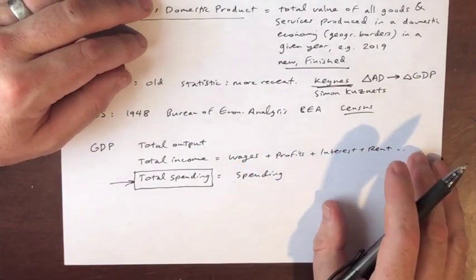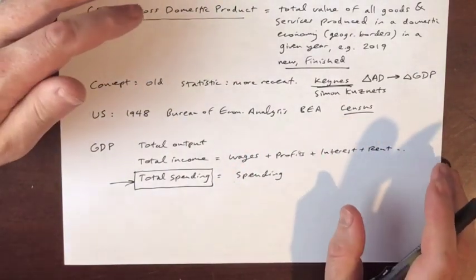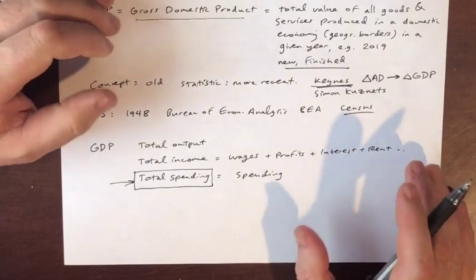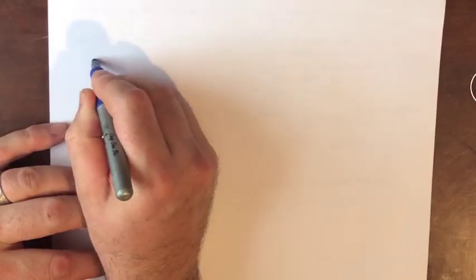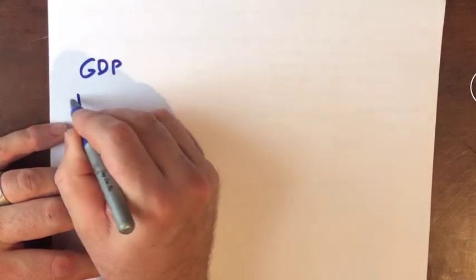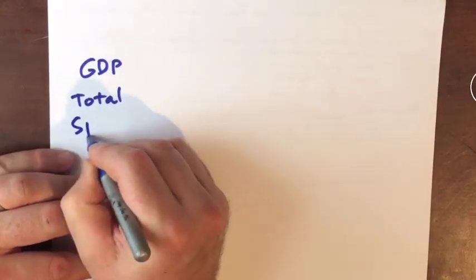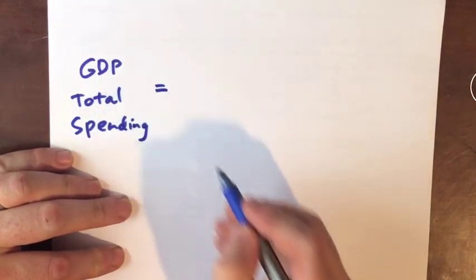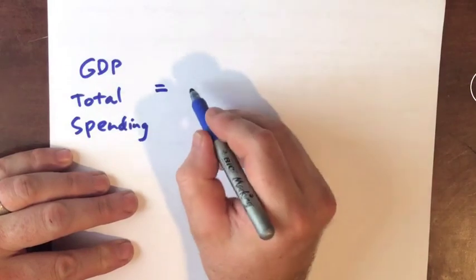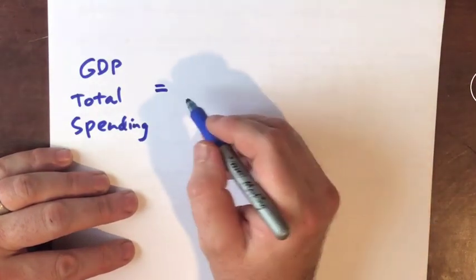All right. So since the spending categories are so important, let's look at those categories in a little bit more detail. GDP, the total spending approach, equals these different categories. Okay, so we're going to use these symbols throughout the course.